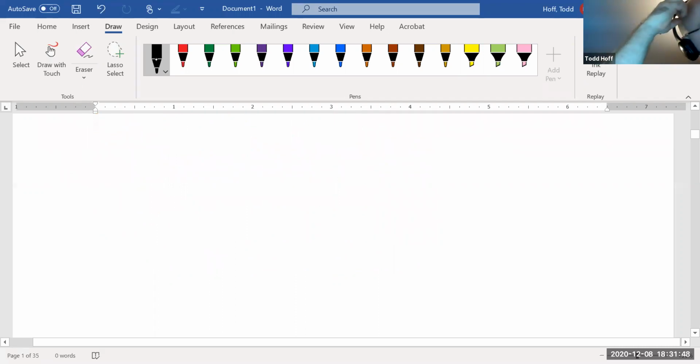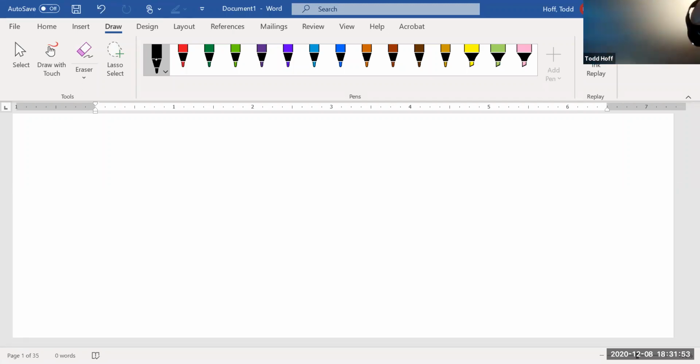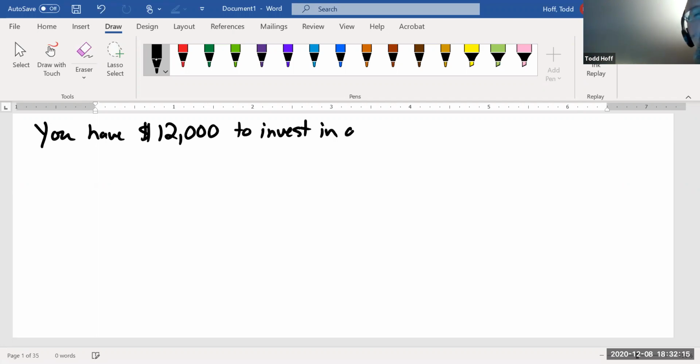So let's lay out a problem here that is standard or can be made standard. That was only 2 variables. Let's get to a 3 variable example. Here we go. You have $12,000 to invest in a combination of 3 accounts.